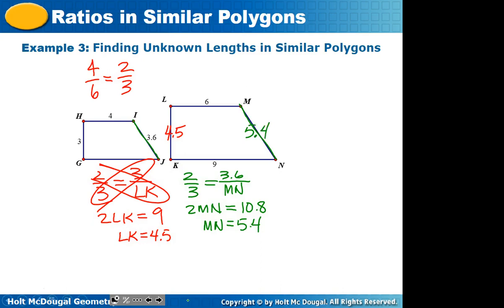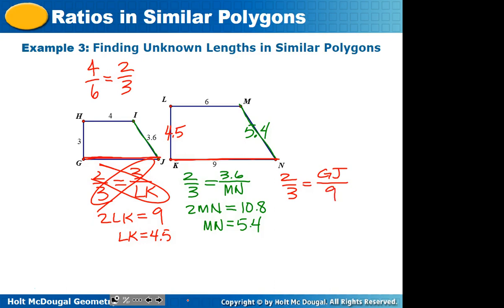Now this third one's a little bit different. It's down here. We're talking about this side down here and this side over here. Again, we're going to use our 2 over 3. This time we don't have GJ, so we're going to put GJ on top, and our 9 goes on the bottom.